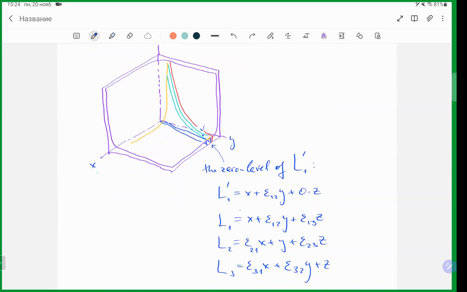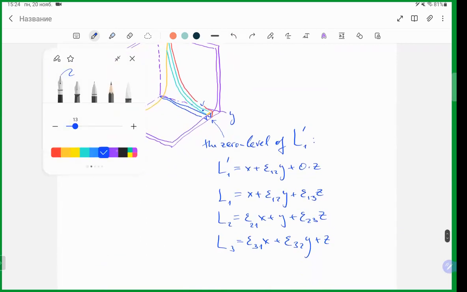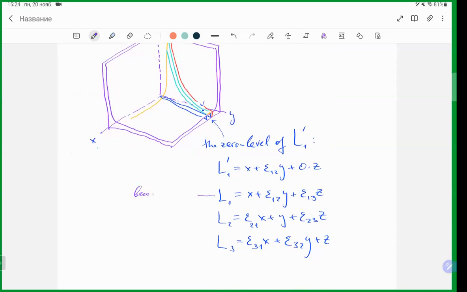So we make this form small. This form remains almost the same.